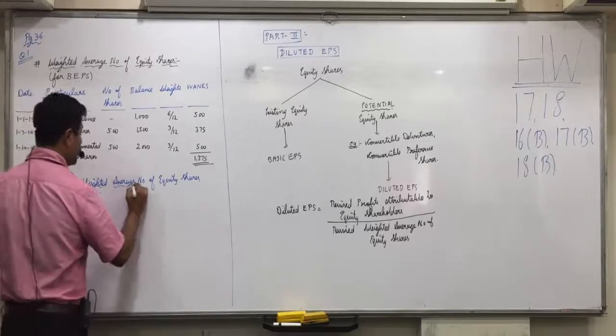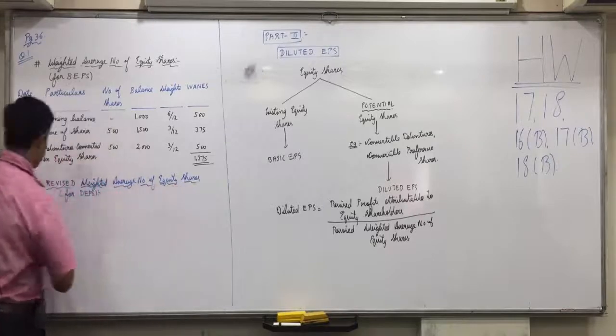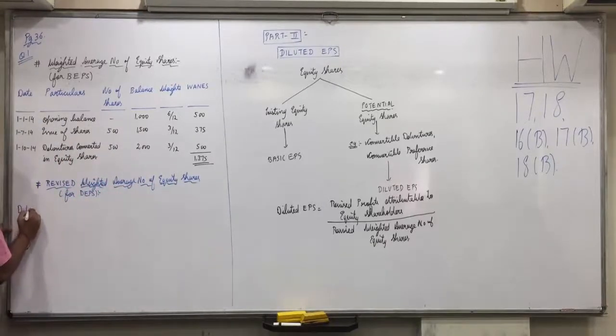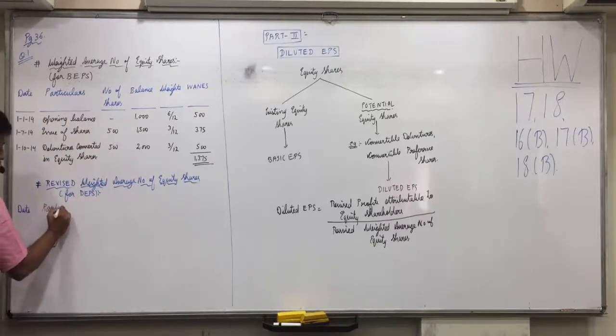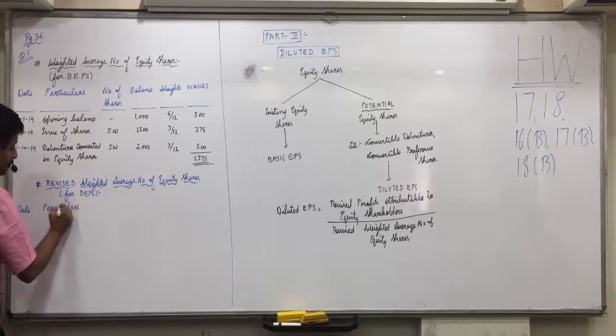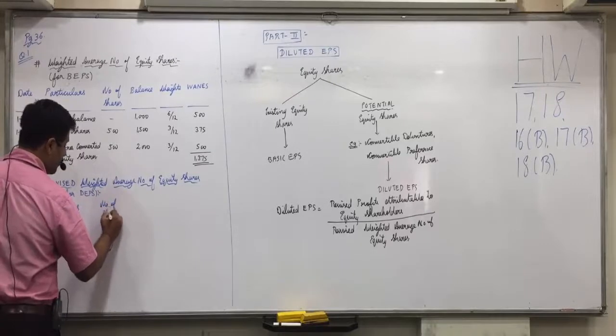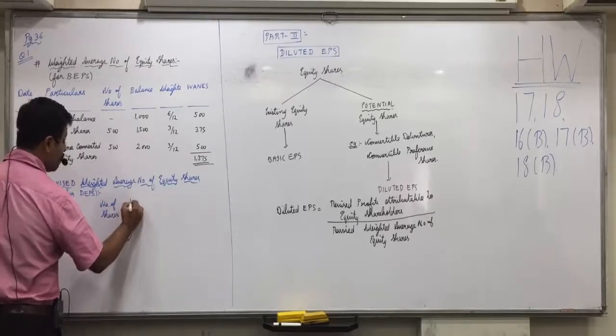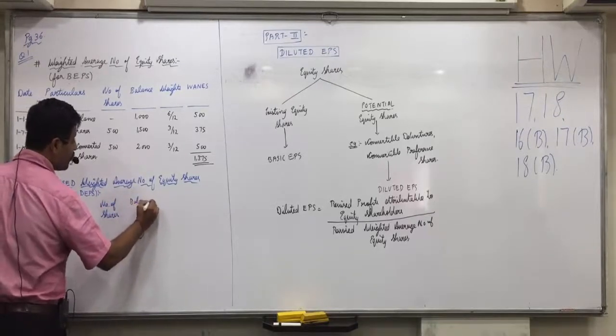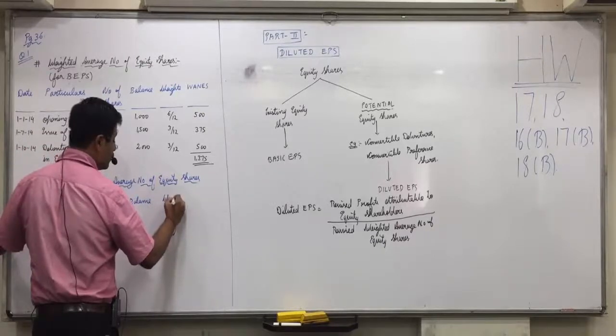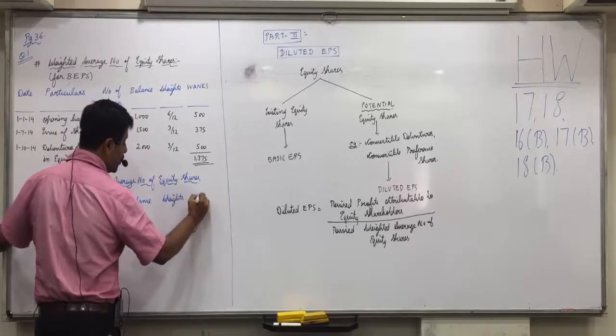Columns: date, particulars, number of shares, balance, weights and weights.